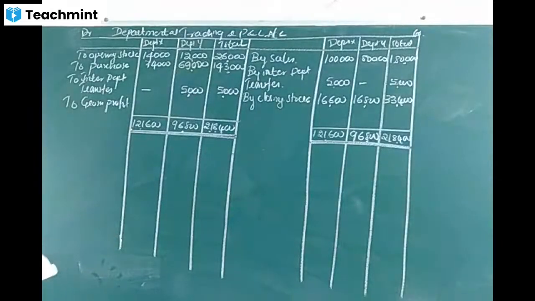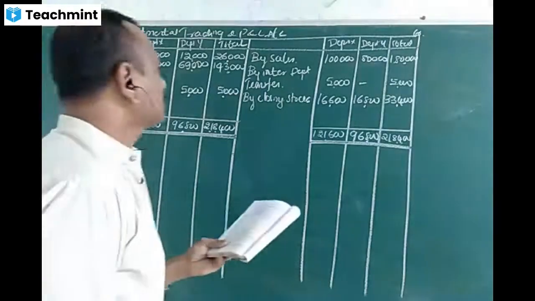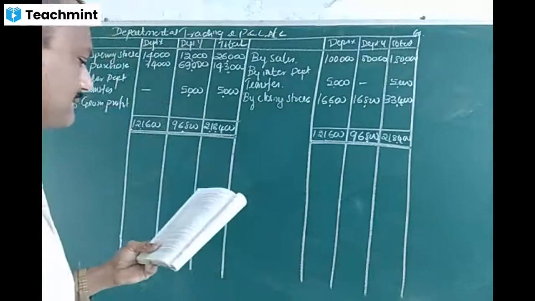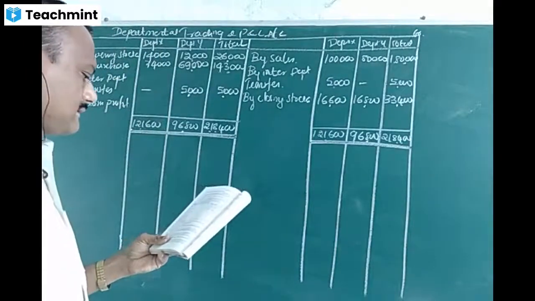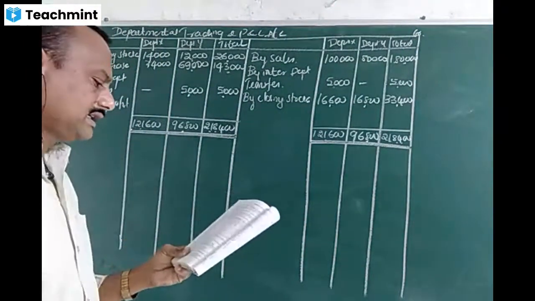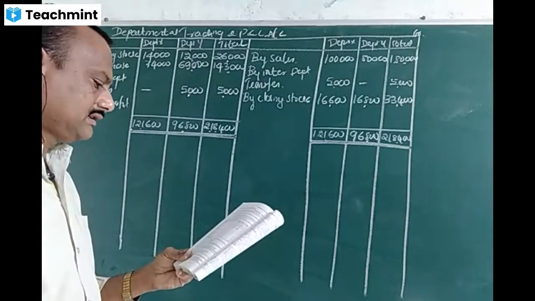Once again, any adjustment that we have left? How much gross profit are we getting? 33,600.